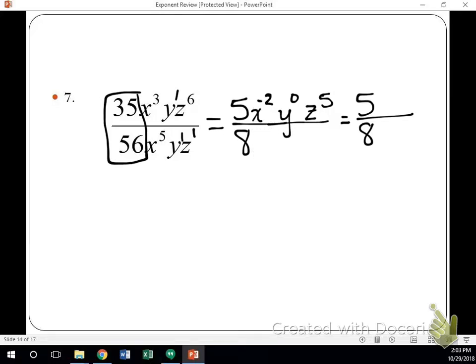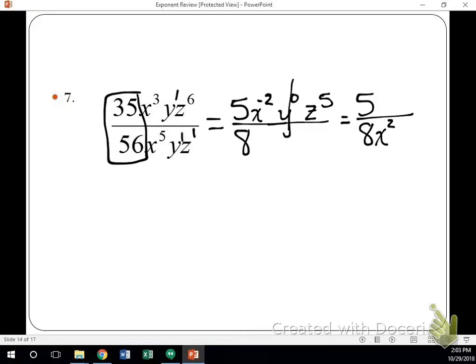If it goes to the other side, it switches signs. So now in the denominator, it's a positive x squared. What's going to happen with the y to the 0 power? It's a 1, so it turns into like 5 times 1. Do I need to write that? No, multiplying by 1 doesn't change anything, so I can just cross it out.